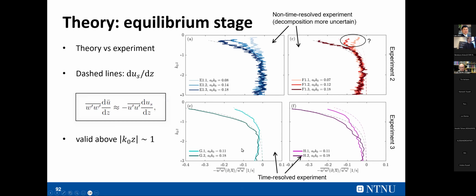But we end up with this, which is sort of my final result slide. You see here that in this first experiment, the Reynolds stresses are very noisy. The experiment just wasn't designed for this kind of analysis. And this weird phenomenon up here, I'm not sure I can tell you it's definitely true. But as you can see, it really is a decent match.